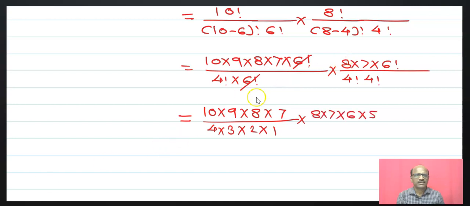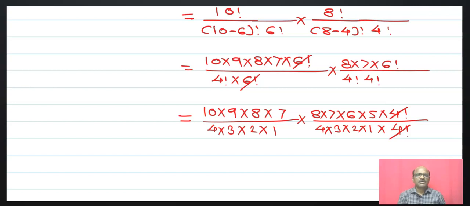That is, 6 factorial gets cancelled, 4 factorial gets cancelled, numerator and denominator. You can perform this calculation on your own also.